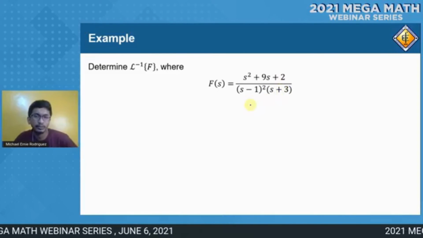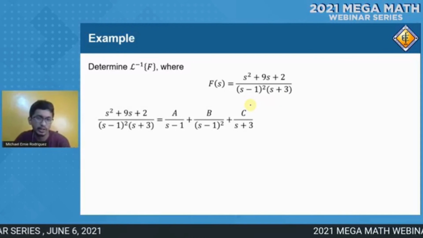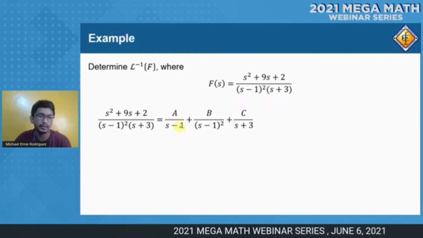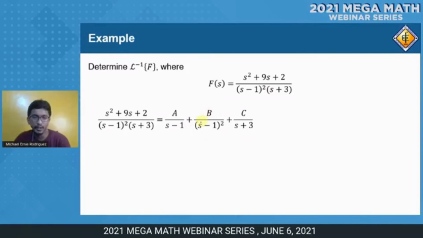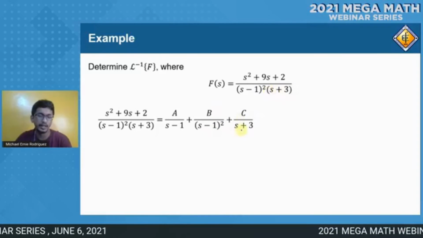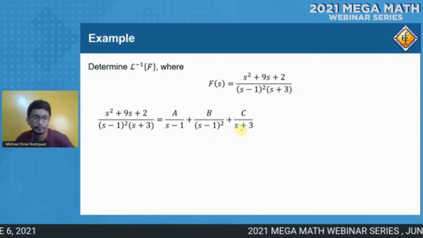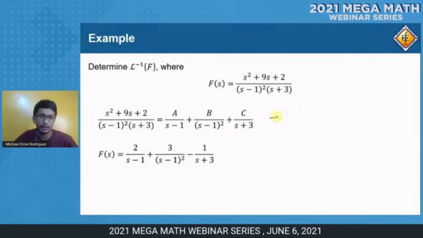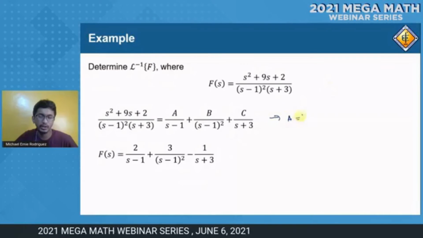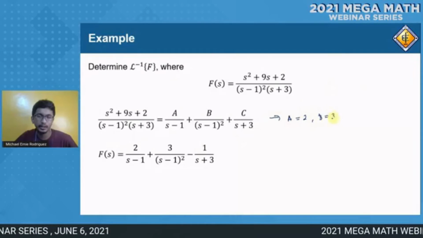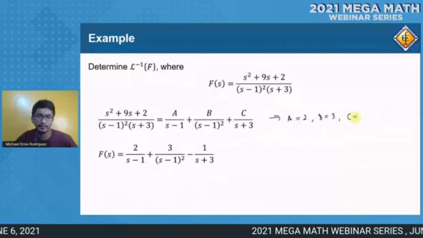So ang ating partial fraction expansion for this one is we have A over s minus 1 plus B over s minus 1 squared plus itong s plus 3, so we have C over s plus 3. And then pag sinolve natin to, using partial fraction concept, your A is 2, your B is 3, and your C is negative 1.